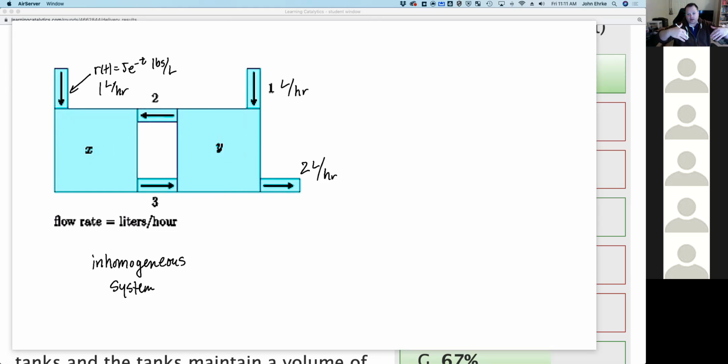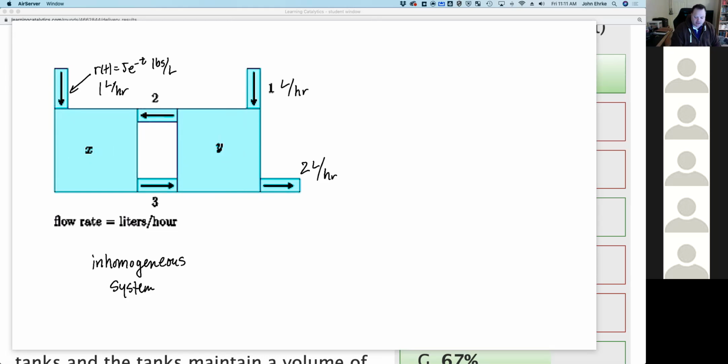But here, because you have salt entering at this decaying rate, there is salt from outside coming into the system, so that makes it inhomogeneous physically. And I'll show you when I set up the system that it's also inhomogeneous from the system point of view.